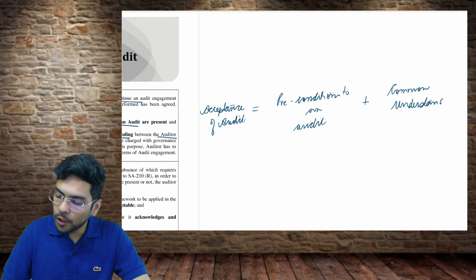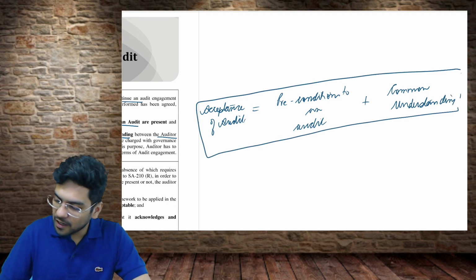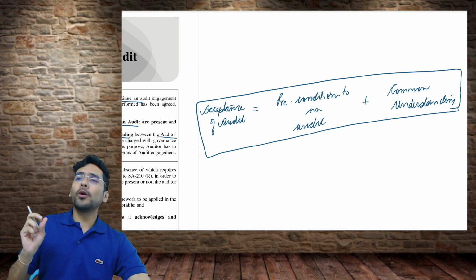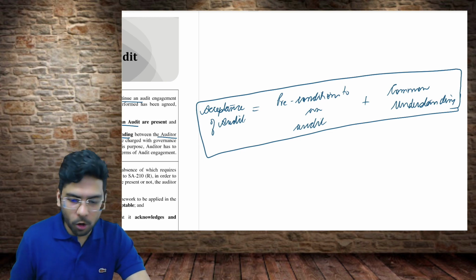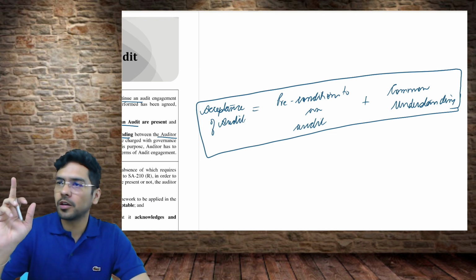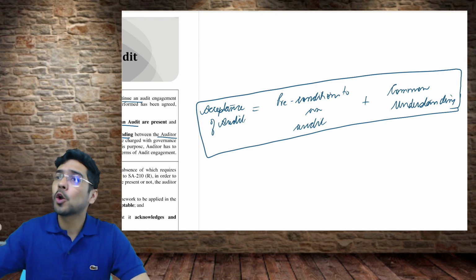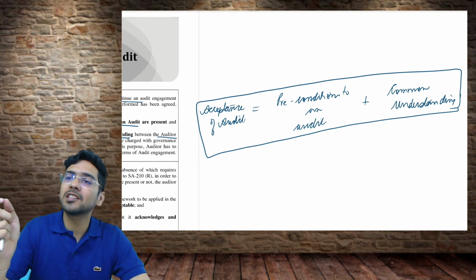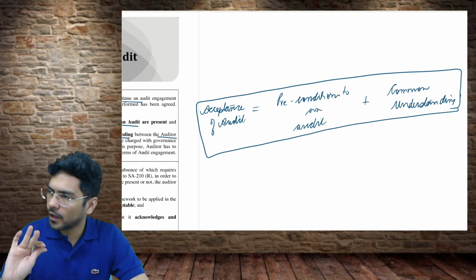Common understanding between whom? Between the auditor and the auditee, or let's say the client. So this standard says that you as an auditor are going to accept an audit only when two things are present: preconditions to an audit, and common understanding between the auditor and the auditee. Are you all okay with this?